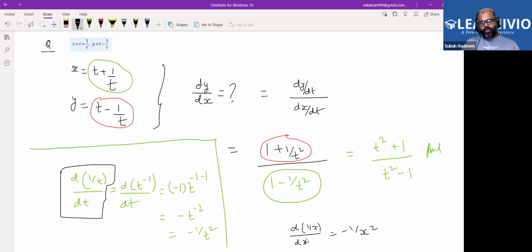If you differentiate with respect to x and it is 1 by x, it will come in terms of x. So it is just different variables. Here in this situation, the variable is t, so we will get the answer in t. Is it okay? Yes, sir.